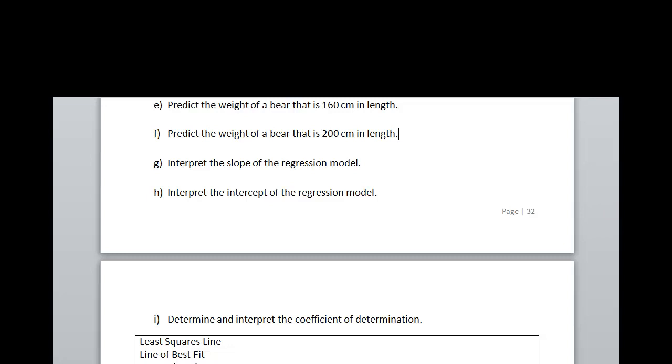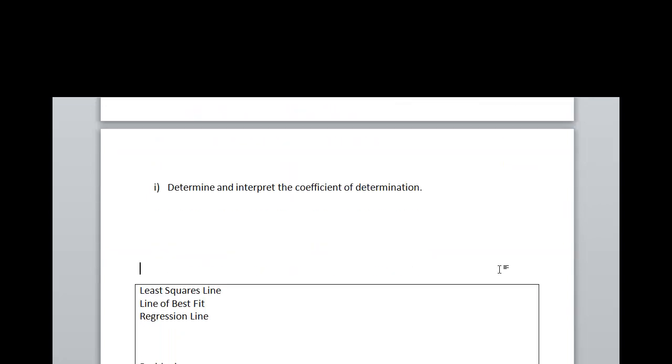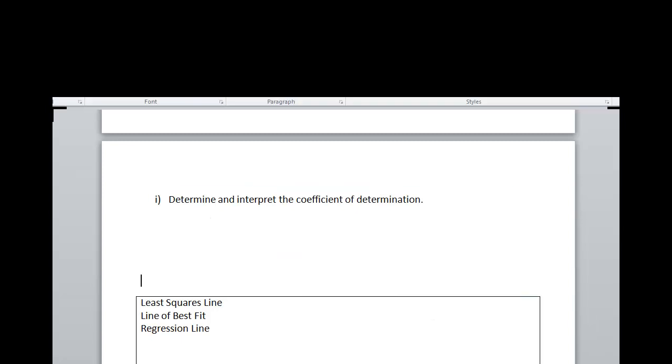Okay, the coefficient of determination lets us know about the explained and unexplained variation. And we actually already found that on our calculator. It is actually r squared on the calculator. Okay, coefficient of determination is r squared. Okay, r squared is the explained variation.